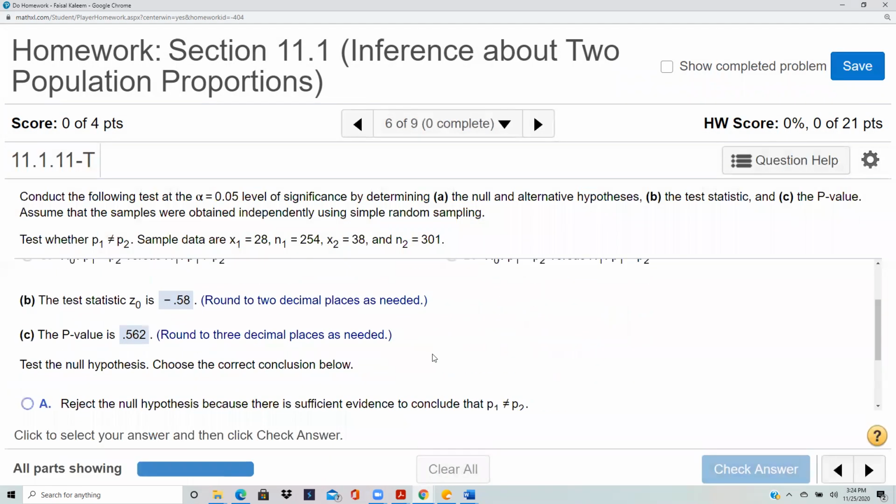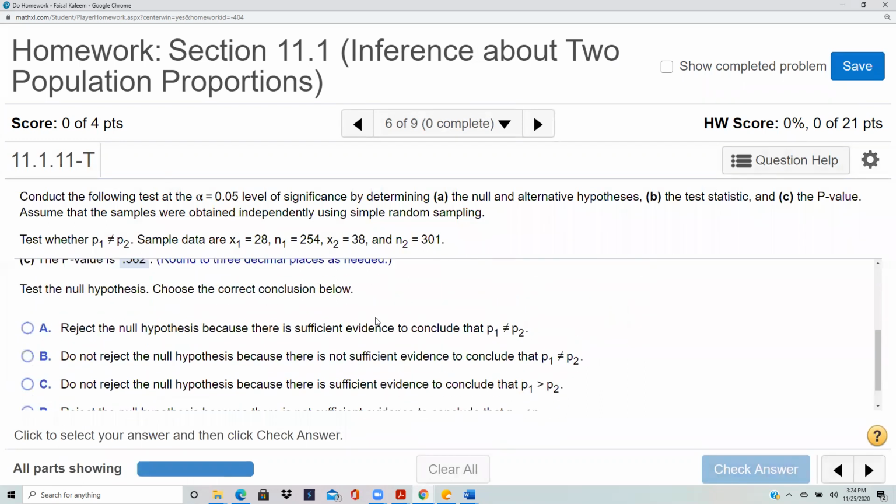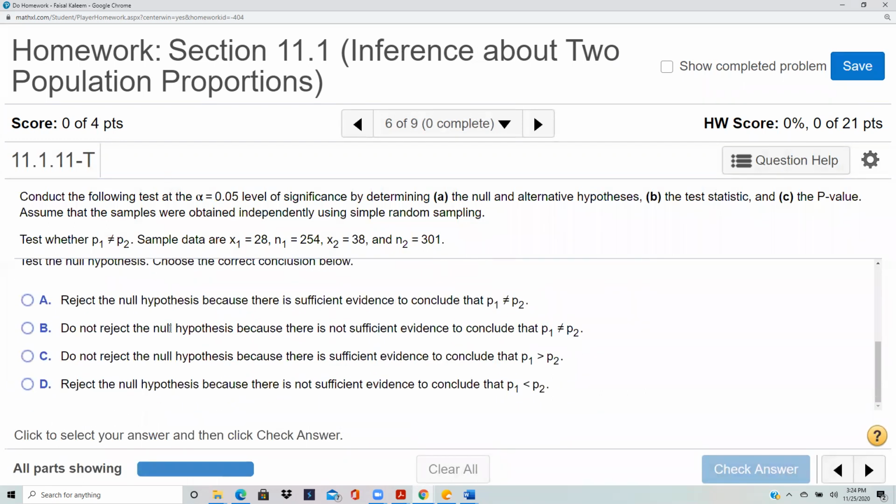And the p-value is bigger than alpha. Alpha is 0.05. 0.562 is bigger than 0.05, so you fail to reject the null because p is greater than alpha, and when you fail to reject the null, you do not have evidence for the alternative.